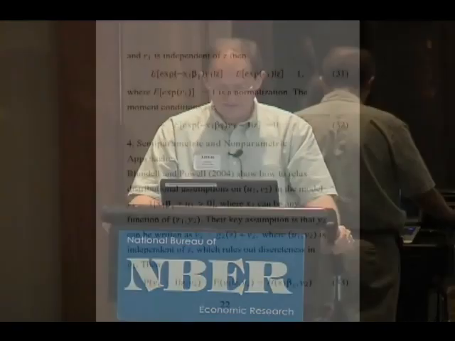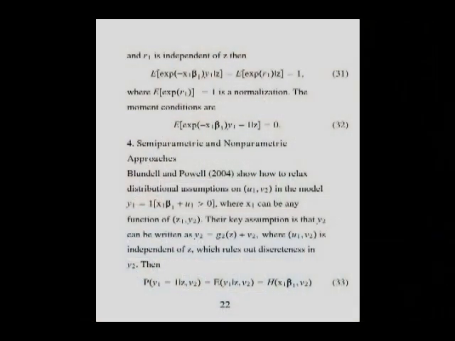Then Blundell and Powell have this paper where they showed how to estimate the so-called average structural function when y2 has a reduced form given a few lines down.